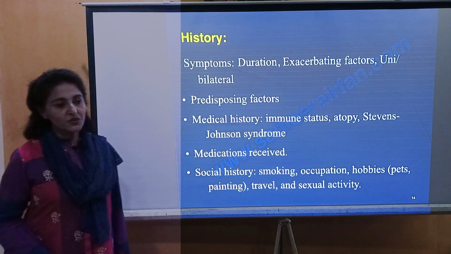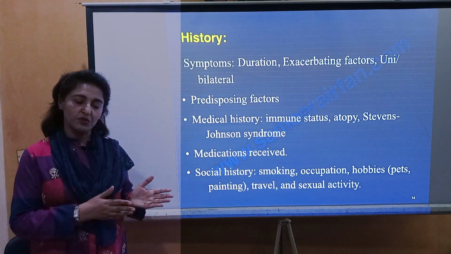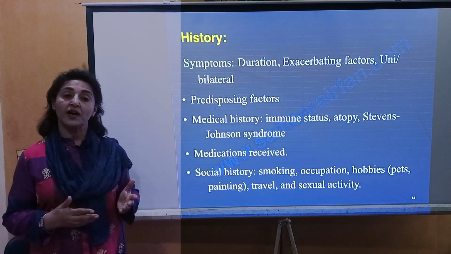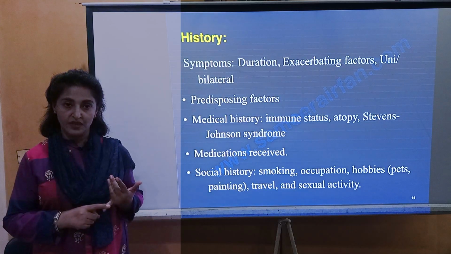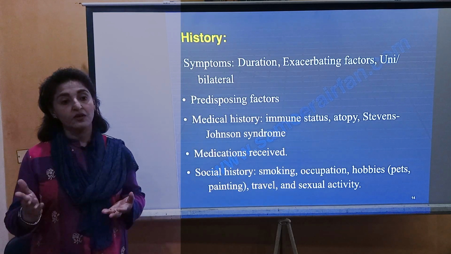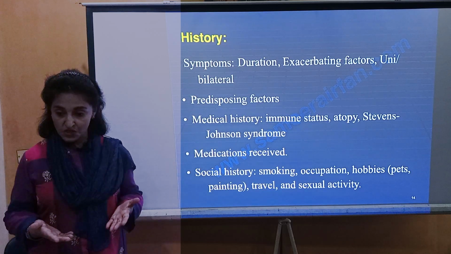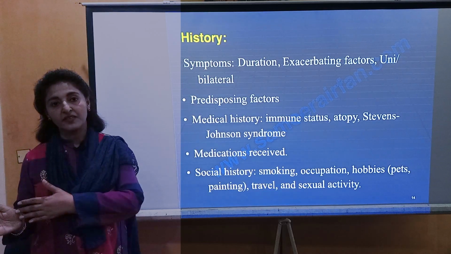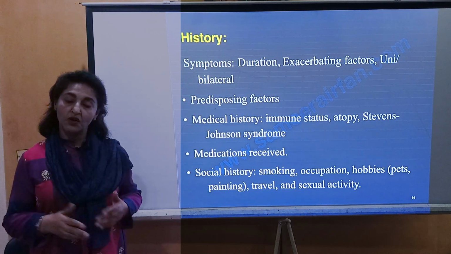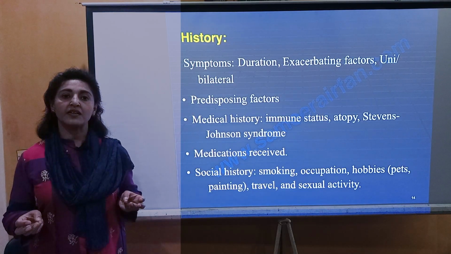So it's easy to diagnose the main cause and the predisposing factors if you have taken a proper history, and that history would be regarding the symptoms, their onset, whether they appeared suddenly, and their duration, exacerbating factors, whether it is unilateral or bilateral. Most allergic conjunctivitis, they are bilateral.